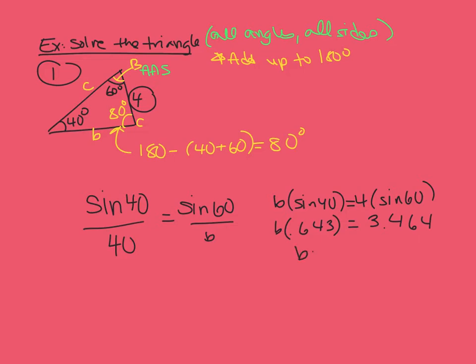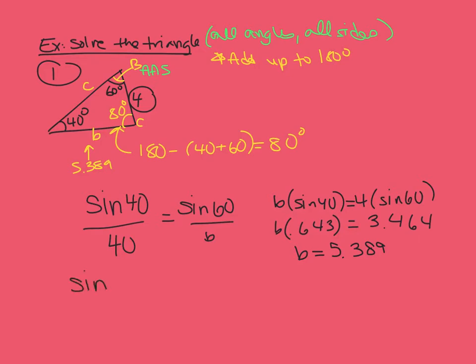So for this one, your side value is 5.389. We don't actually have any units here. It's not in degrees or anything like that, so please don't accidentally put degrees. But that's going to be this value right here. So we get 5.389.